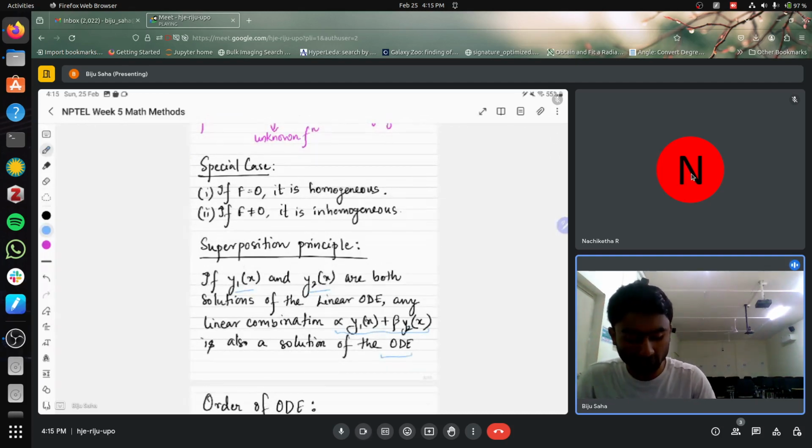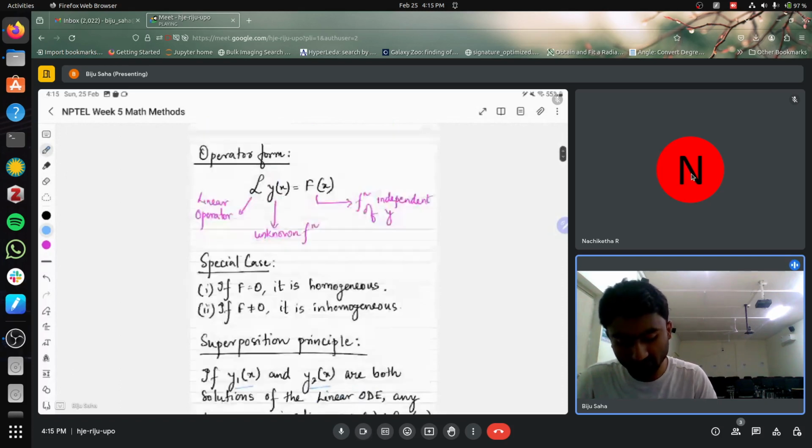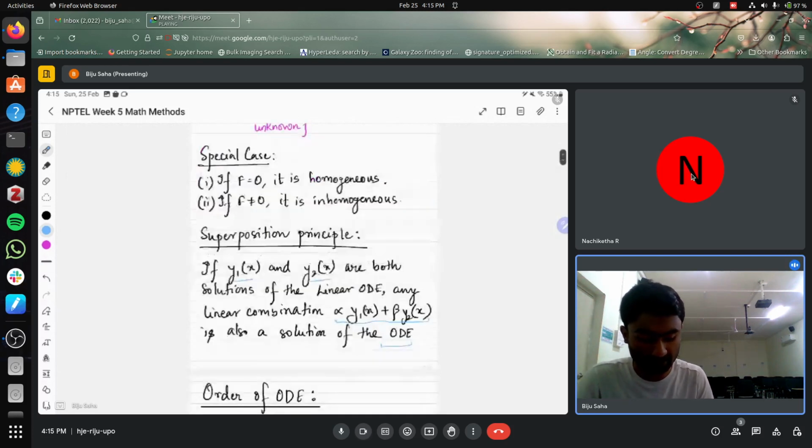So we had two solutions, y1 and y2, and a linear combination of them is also a solution. That happens because the differential equation was a linear operation. Had it been a non-linear operation, we would not have concluded this. That is known as the superposition principle, which we often come across in physics.